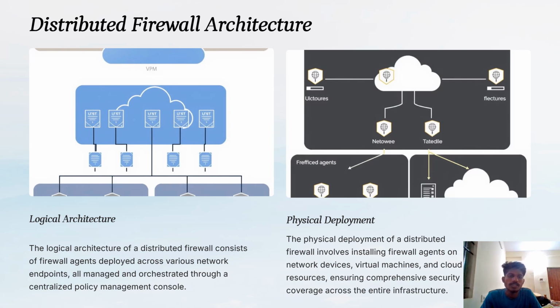So here we can see in the diagram. Next, moving on to the physical deployment. The physical deployment of a distributed firewall involves installing firewalls on network devices, virtual machines, and cloud resources, ensuring comprehensive security and coverage across the entire infrastructure. So this was all about the distributed firewall architecture.